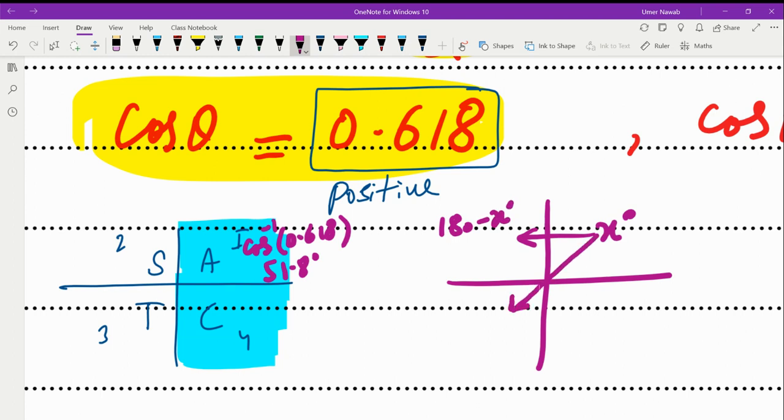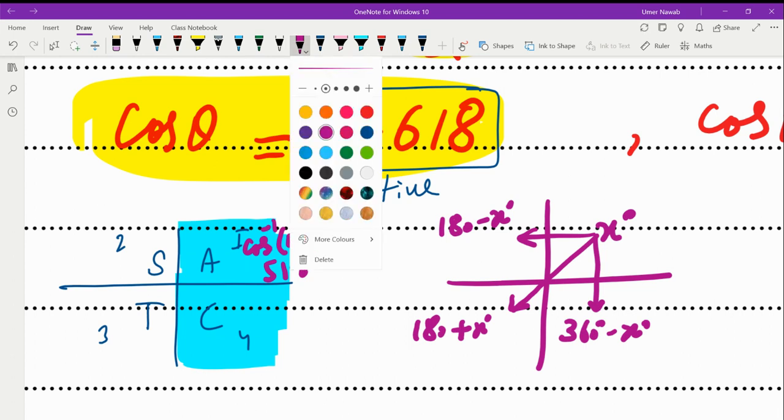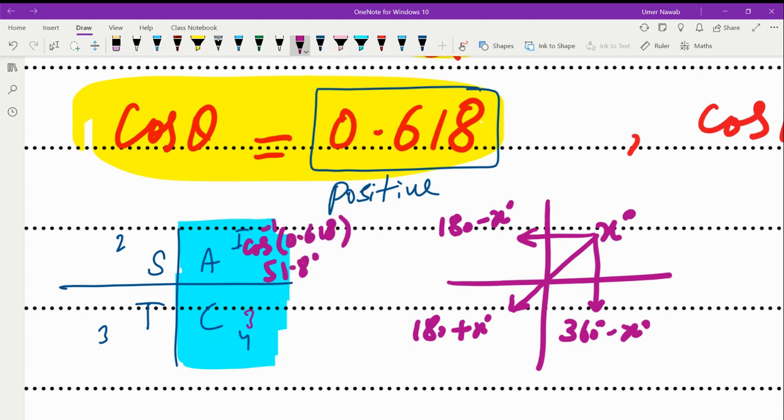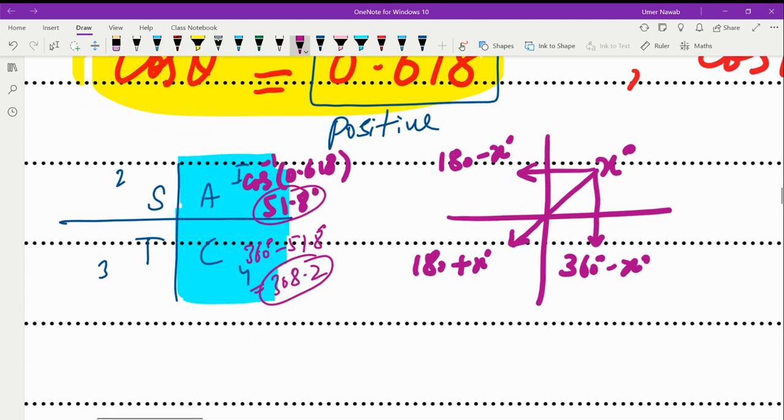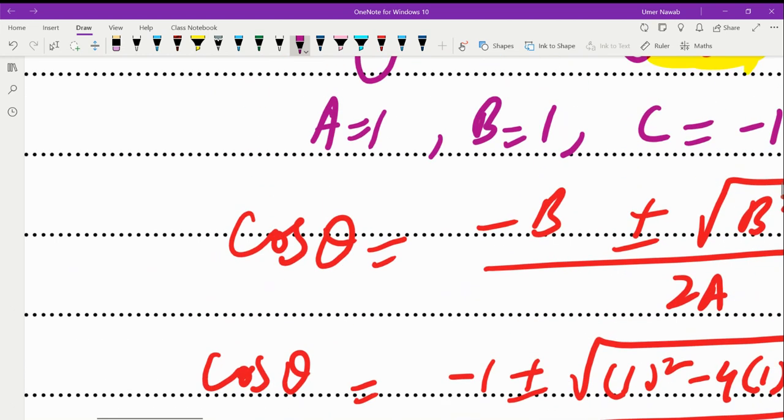If you want to transform into the third quadrant, you write 180 plus x. If you want to transform into the fourth quadrant, you write 360 minus x. So I have to use 360 minus 51.8. That will give you 308.2. So I got two solutions between 0 and 360 degrees.